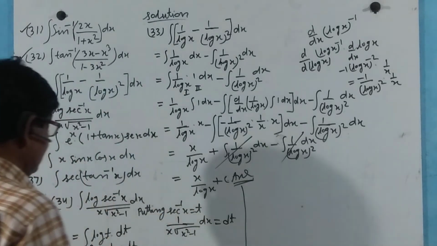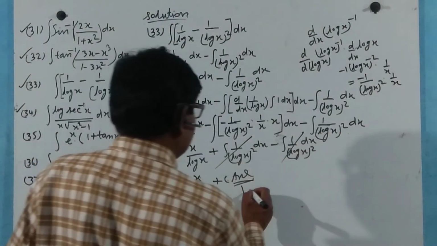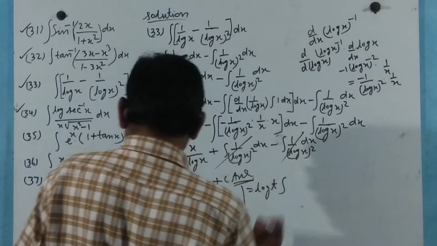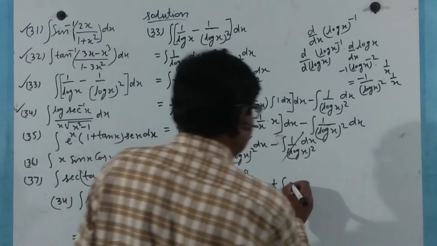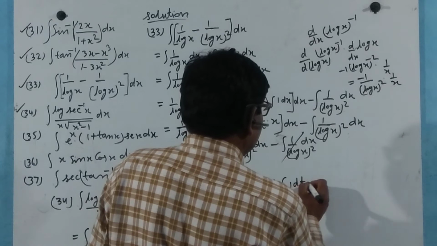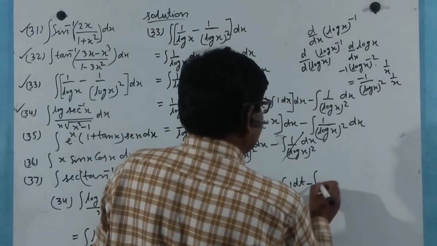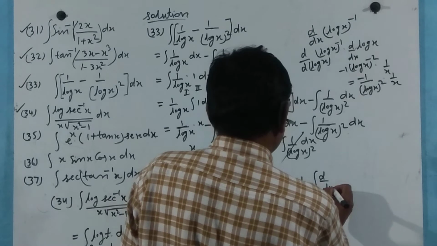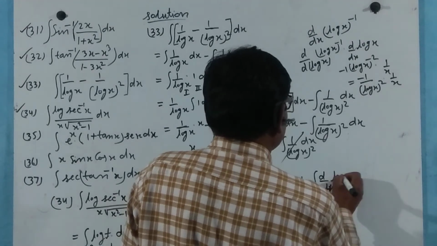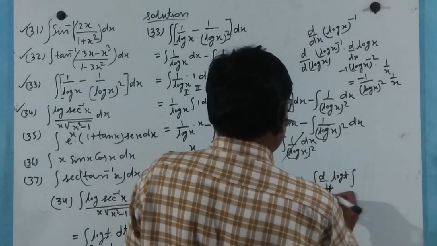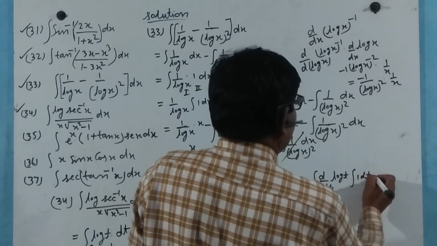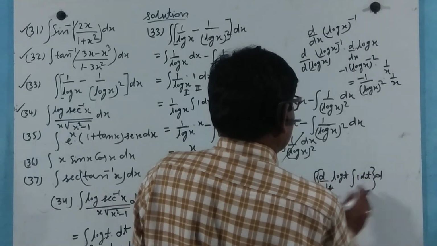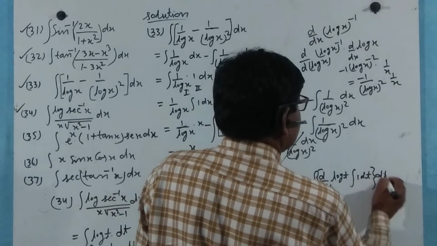In this case, first function log t, integration of 1 dt, minus integration of differentiation of d by dt log t, integration of 1 dt, and now also integration of these two functions dt.